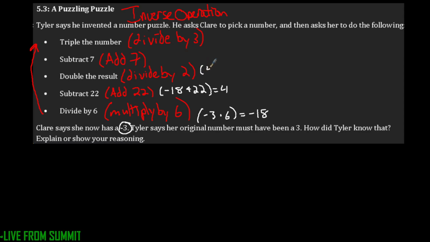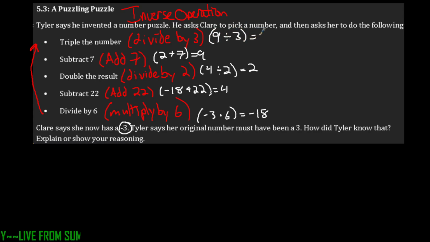Then 4 divided by 2 is equal to 2. Then 2 plus 7 is equal to 9. And the last step is 9 divided by 3, which is equal to 3. So the original number, or what Tyler guessed, was positive 3.